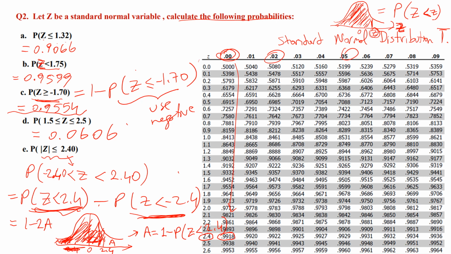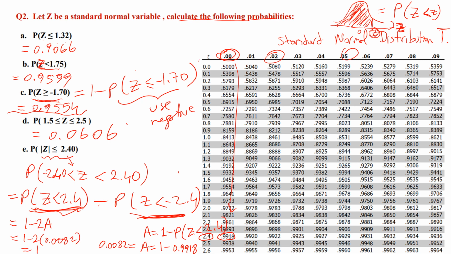0.9918. So this a, little a, has to be 1 minus 0.9918, and a has to be then 0.0082, and then we can use it here, 1 minus 2 times 0.0082.